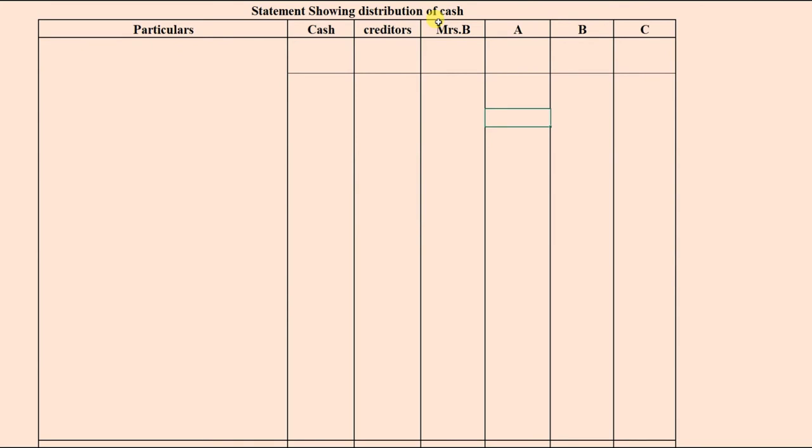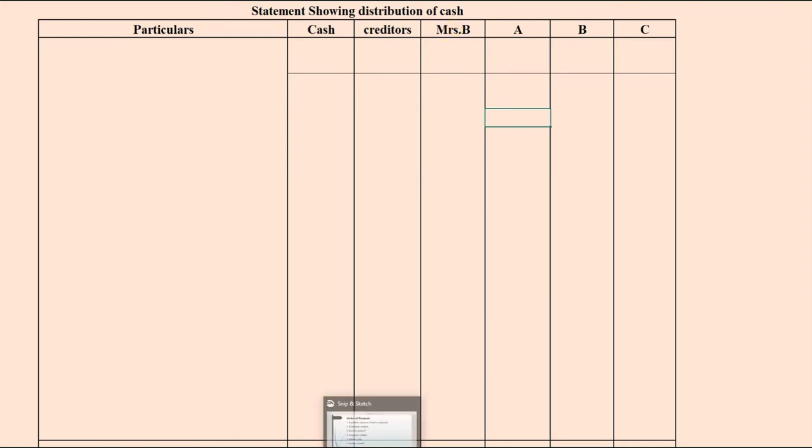First column is particulars, then cash. These two columns are the same for every problem. Then creditors, Mrs. B's loan, and A, B and C's capital. So these columns should be arranged as per the order of payment.